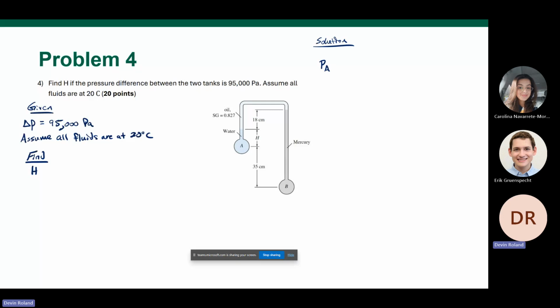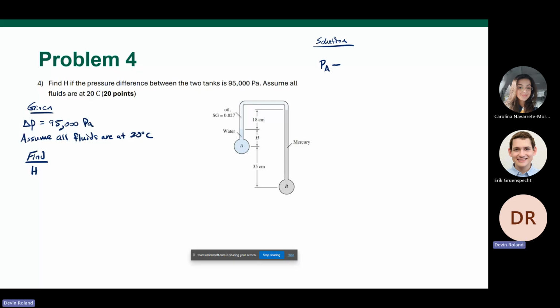So, okay, we're starting at A. We're going to move up from A to the interface between water and oil. We're going to move from interface to interface. So we have PA minus, that's minus because we're moving up.